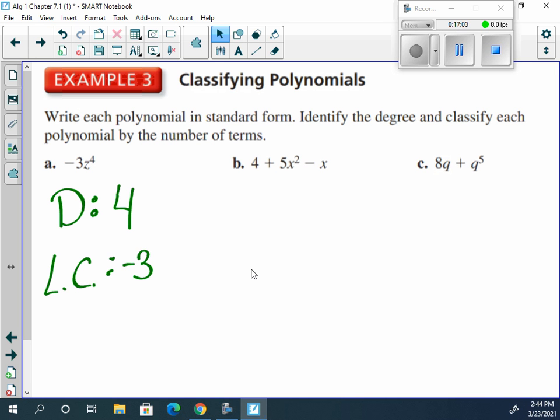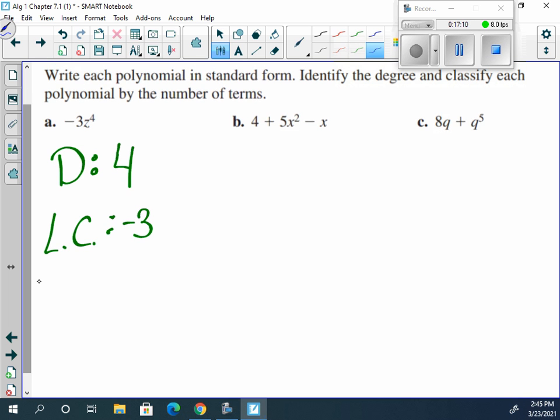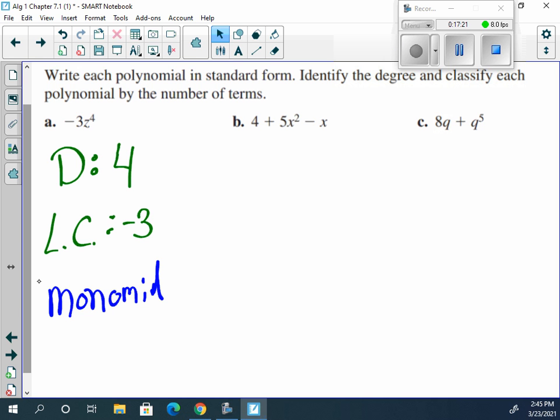And a one-term polynomial expression would be a monomial. One term is a monomial.